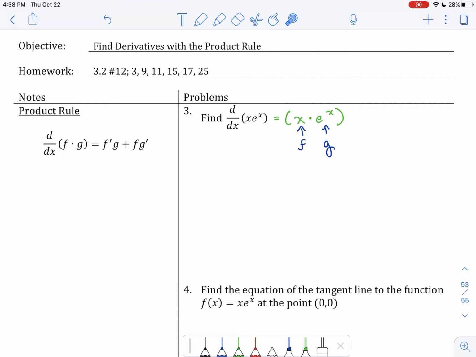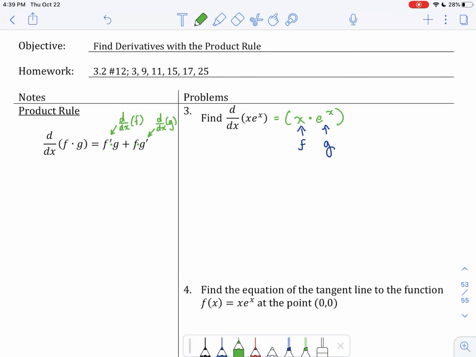So what that is, f times g is equal to f prime times g, so this is again multiplication right in here, plus f times g prime. So where f prime is again the derivative of f, so d dx of f, and g prime is d dx of g.